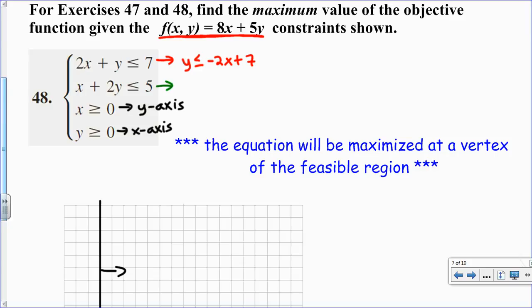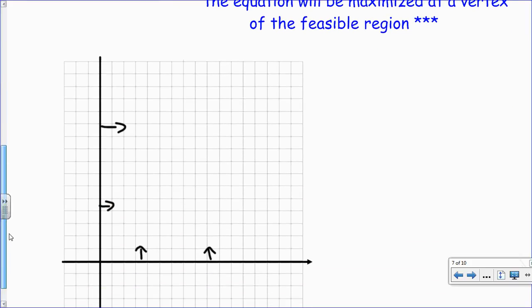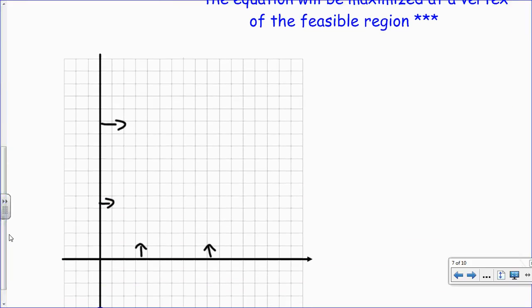And then this one, I have to subtract x and then divide by 2. So negative 1/2 x plus 5/2. Okay. So I think I could count by ones.